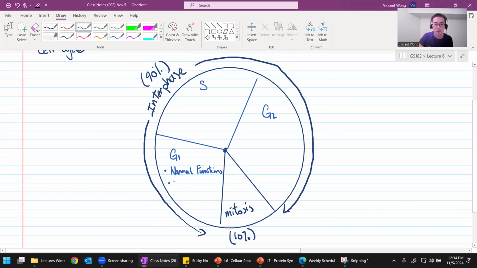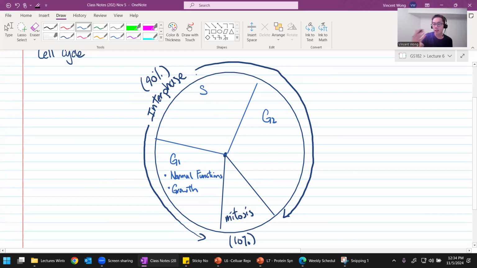And so in G1, it's basically going to be focusing on growth. It's going to get bigger and bigger over time. And then eventually, when it is big enough, then the cell is going to consider division again, right? Consider going through another round of splitting.